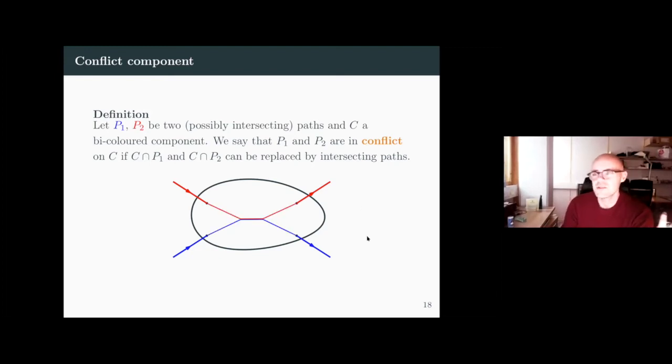Intuitively, let's say P1 and P2 are the solution that we're looking for, and now I tell you the entry point and exit point of these two paths on this component are these two points, okay? Then if knowing these entry and exit points, there might be a problem, so you have to be a bit careful about what happens here. This is just what I mean by conflict.